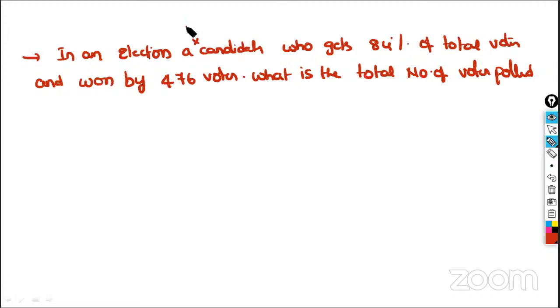Right. In the election, there are 2 candidates, note that down here. So note down 2 candidates.